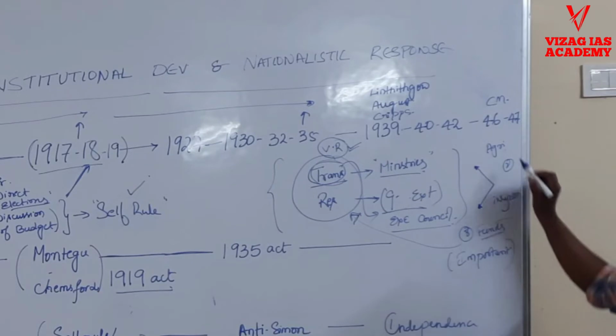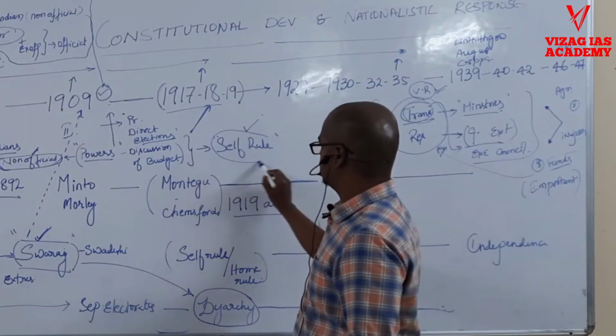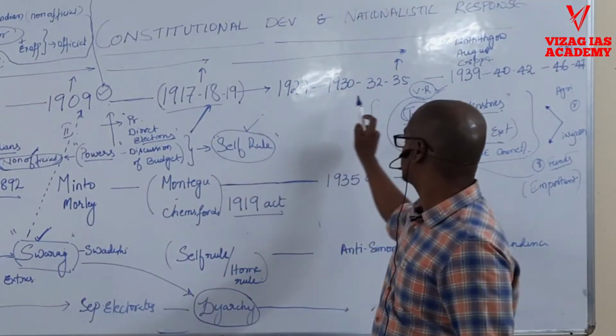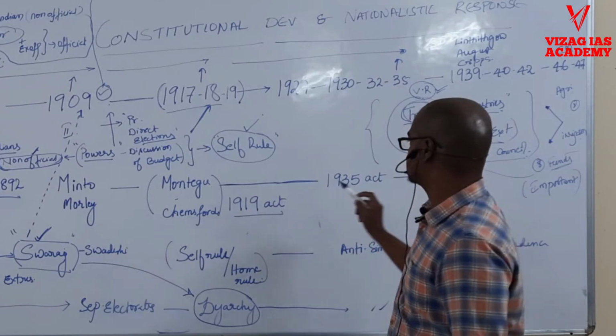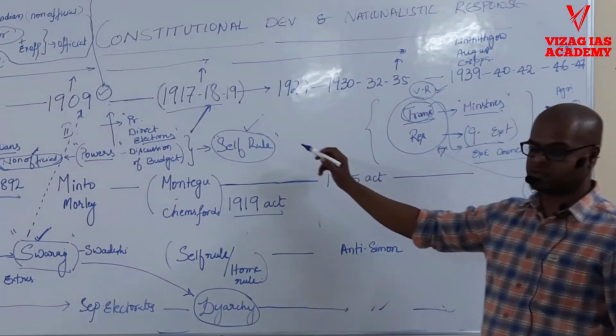Because of these things, the purpose of the self-rule that was demanded, with the 1919 Act being a response to it, is again defeated by these limited provisions, and obviously there will be a response to this.